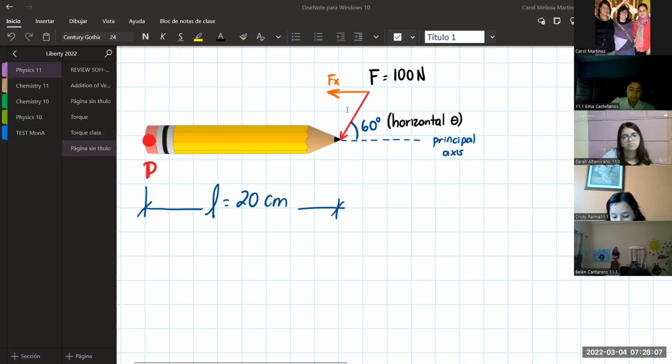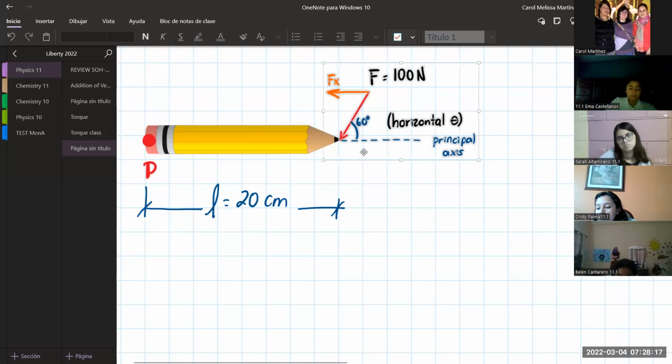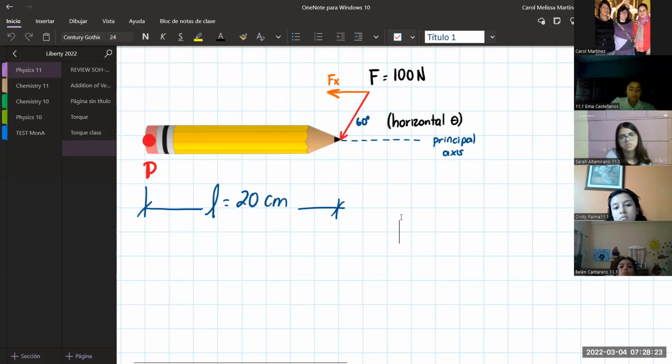The vertical component, Fy. Where is it going? Is it going up or down? Down. It's going down. Okay, so my vertical component, I will do it in green.